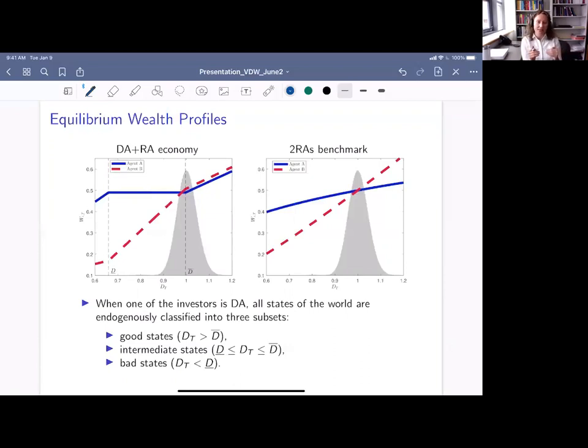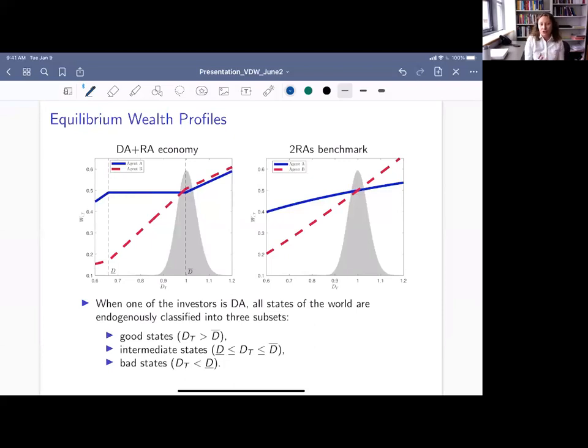Intermediate states is where you see this flat profile that the disappointment averse agent would like to achieve. He would like to keep his wealth constant exactly at the disappointment threshold, which was this theta that I showed you before, in order to avoid disappointing outcomes.